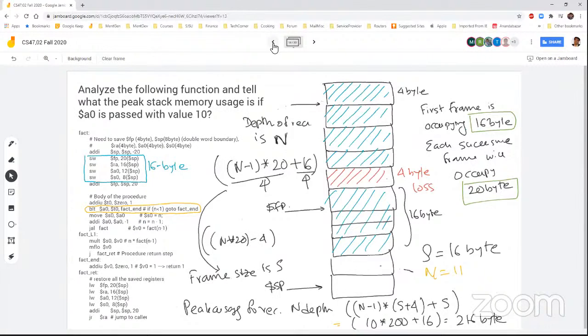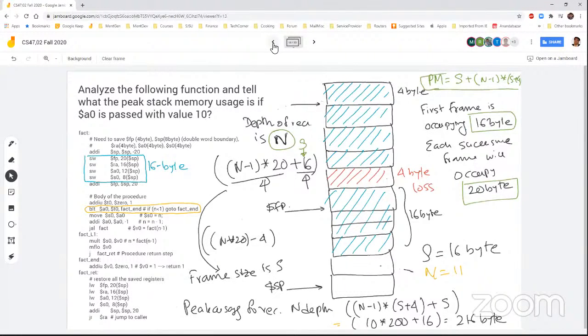Like if we call S the frame size and depth is n, then my total peak memory is practically your size plus n minus 1 multiplied by S plus 4. Maybe you can use that formula there.